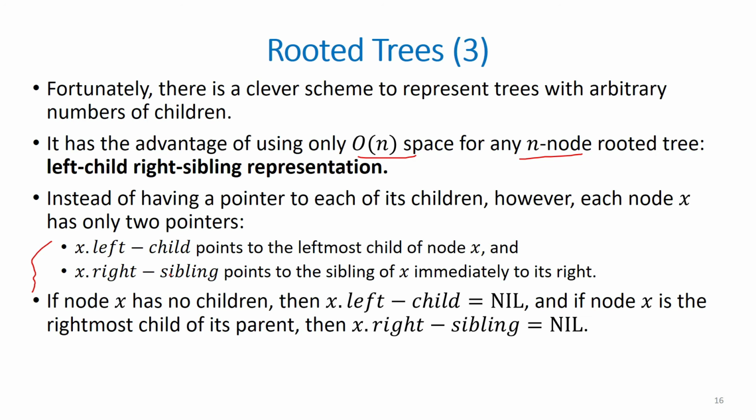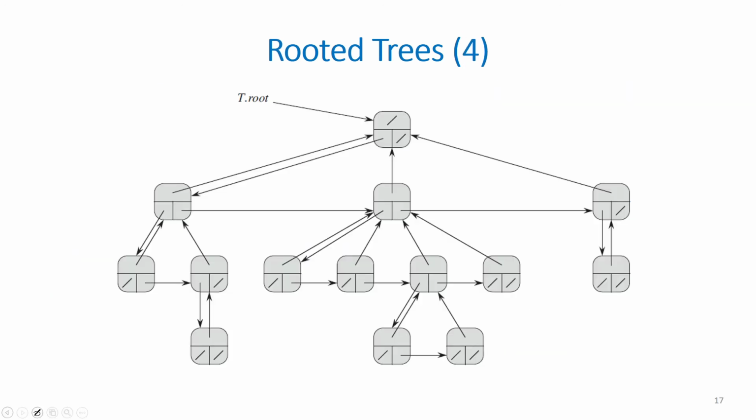Doing so, we can denote node x with no child as x.leftChild is equal to nil, and the rightmost child of node x as x.rightSibling is equal to nil. Therefore, the modified and improved representation of the tree would look something like this, where each node keeps track of its leftmost child and its immediate sibling to the right. In this way, every node can have a dynamic number of children.